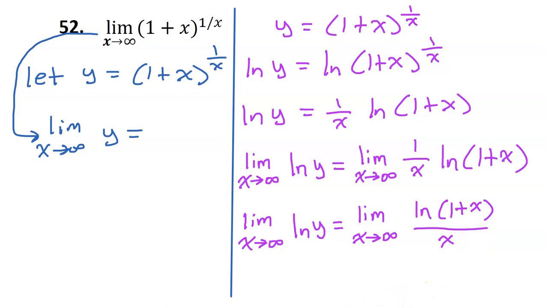We can only use L'Hopital's rule if the numerator is approaching infinity and the denominator is approaching infinity, or 0 over 0. As x approaches infinity, the function inside the natural log is just getting bigger and bigger and bigger. So the numerator is approaching infinity. Of course, x itself is approaching infinity because that's what it says right here.